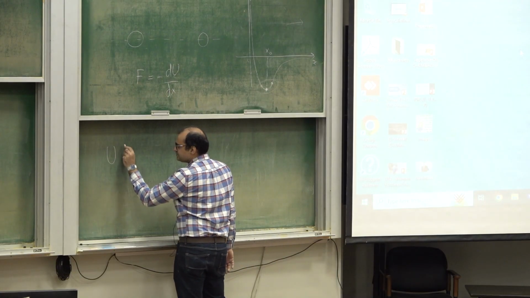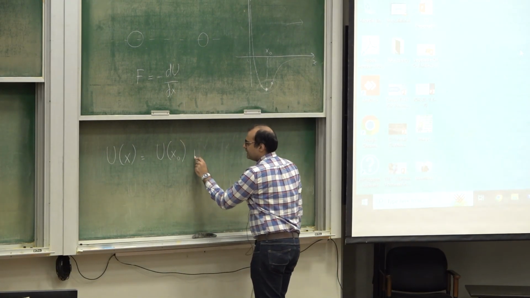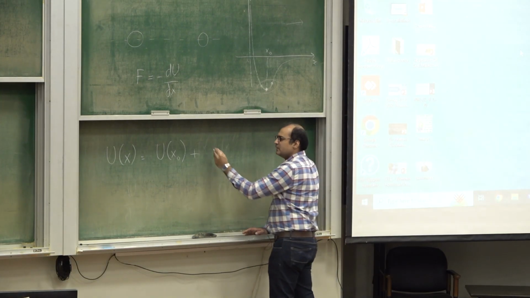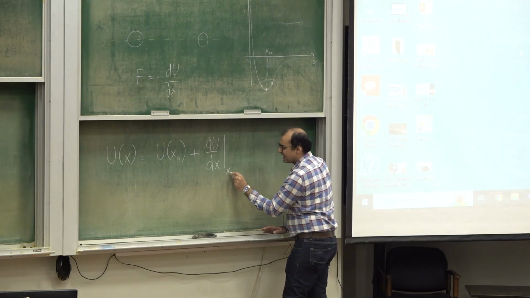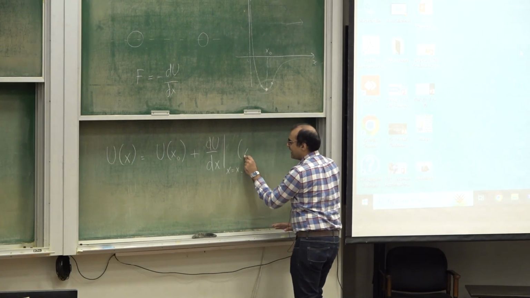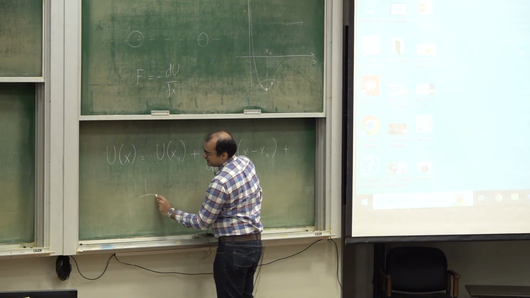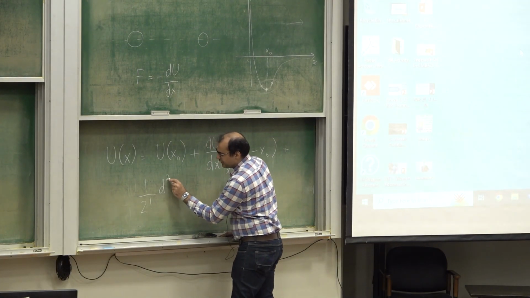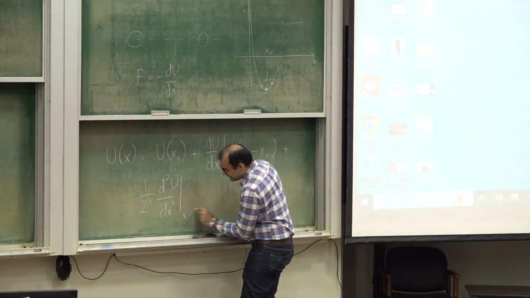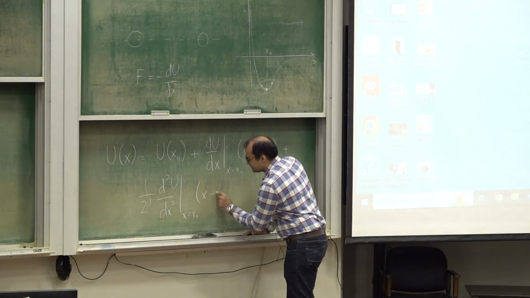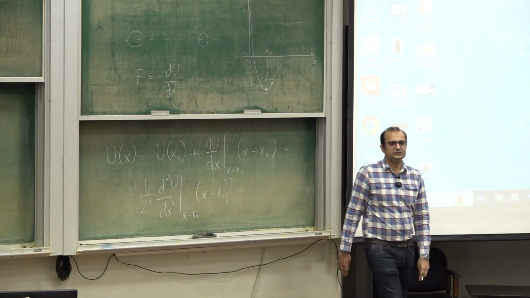So u of x by the Taylor series is equal to u of x naught plus du by dx calculated at x equal to x naught multiplied by x minus x naught, plus 1 over 2 factorial, the double derivative of u with respect to x calculated at x equal to x naught, multiplied by x minus x naught whole square, plus so on and so forth.